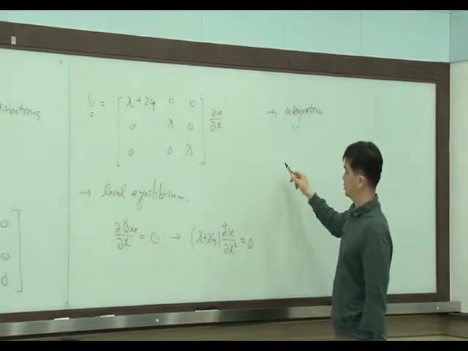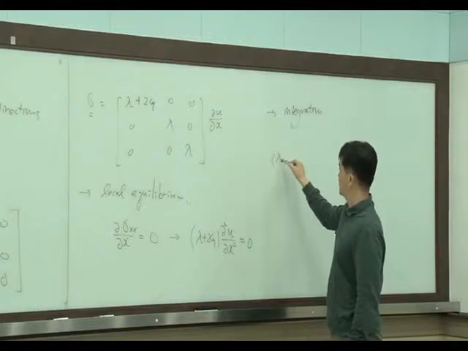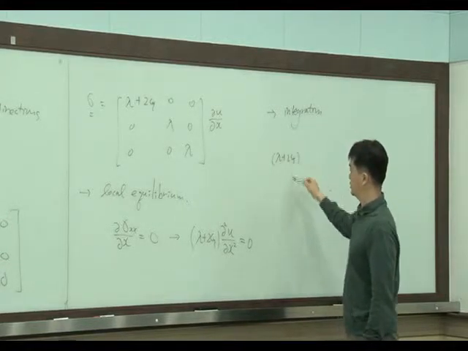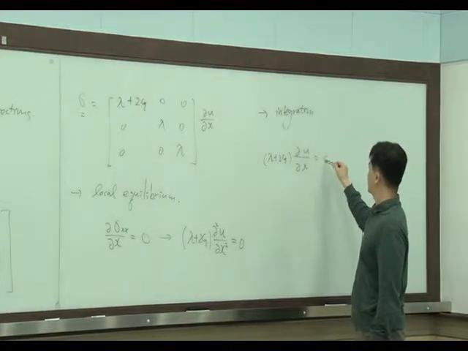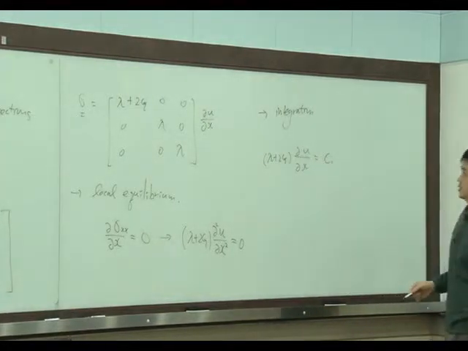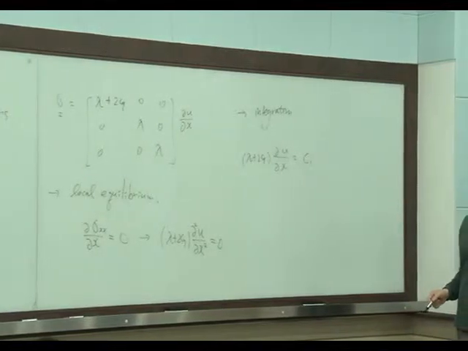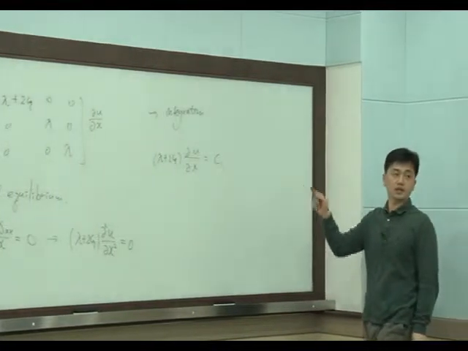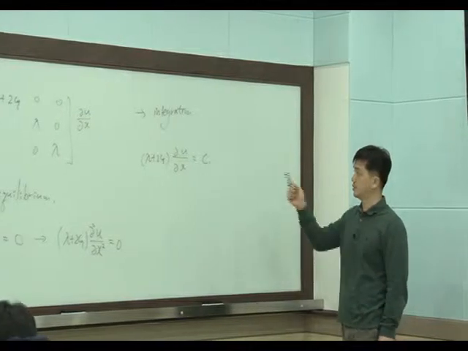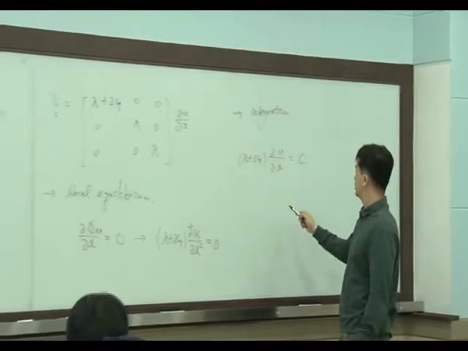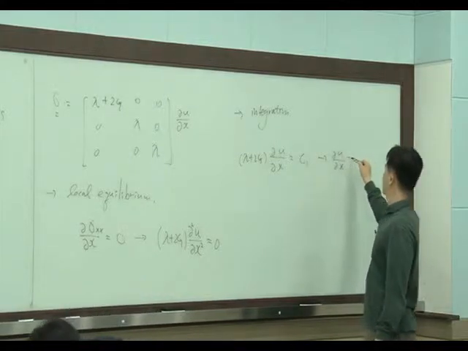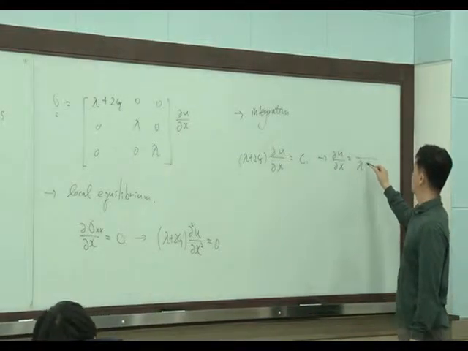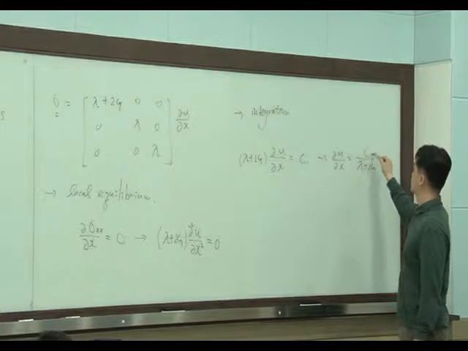First, lambda plus 2 mu, partial u partial x, equals c1, right? If we integrate one time, we get a constant: lambda plus 2 mu times u,x equals c1.